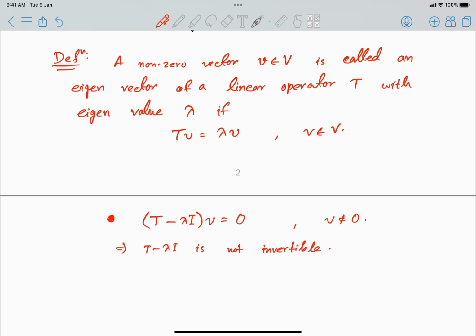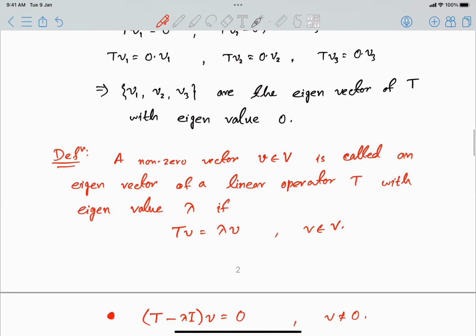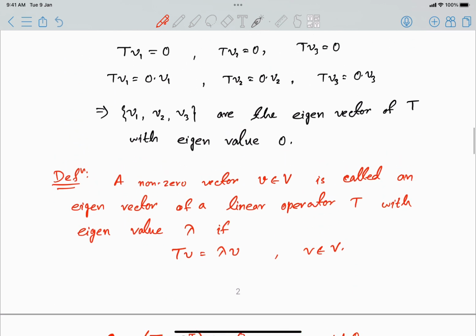Because V is in the null space of T minus lambda, so it is not one-one. So a non-zero vector which sends T minus lambda into 0 vector means that T minus lambda is not invertible, right? So this is the definition. So what we have got, that V1, V2, V3 are the eigenvectors of T with eigenvalue 0.